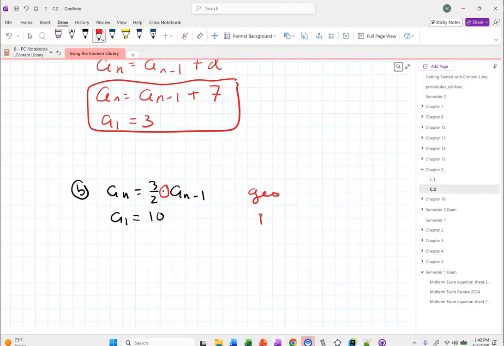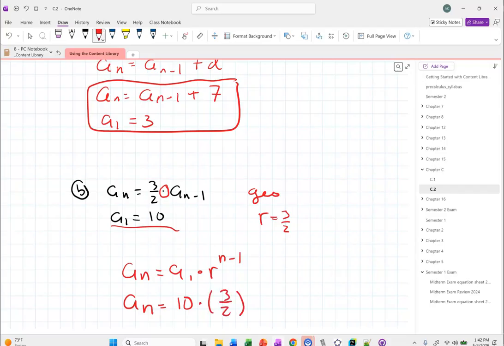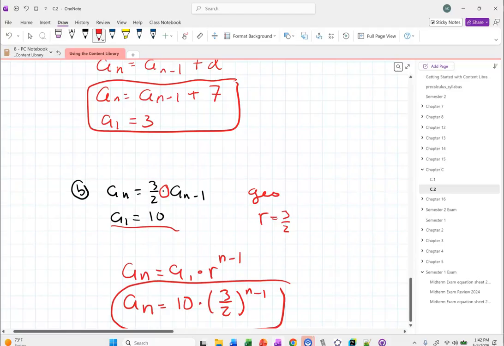So I know that the r is 3/2, and I know the first term is 10. And we are done. Super easy, right?